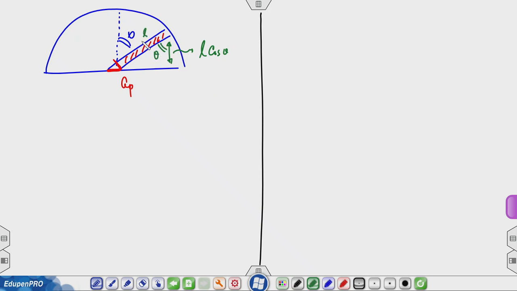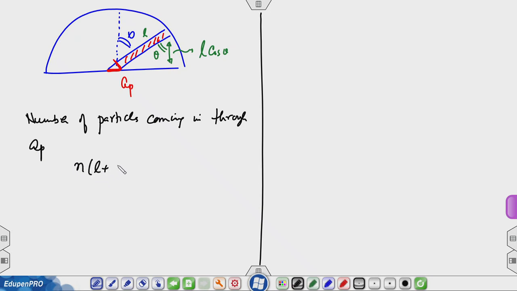This is L, and therefore the number of particles coming in through A_P is equal to n(z plus L cosine of theta) v A_P d omega over 4 pi, and these particles are this fraction f(v) dv of the total fraction.